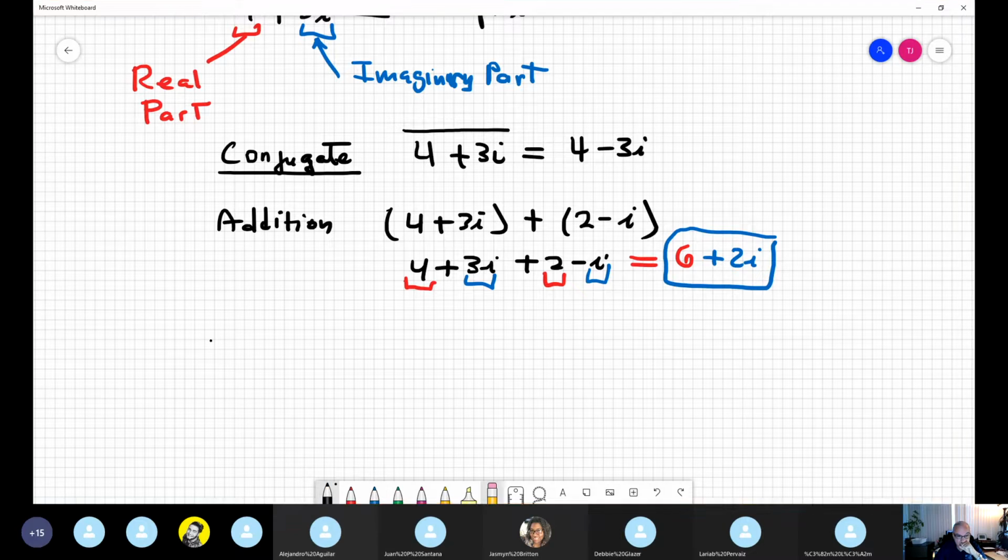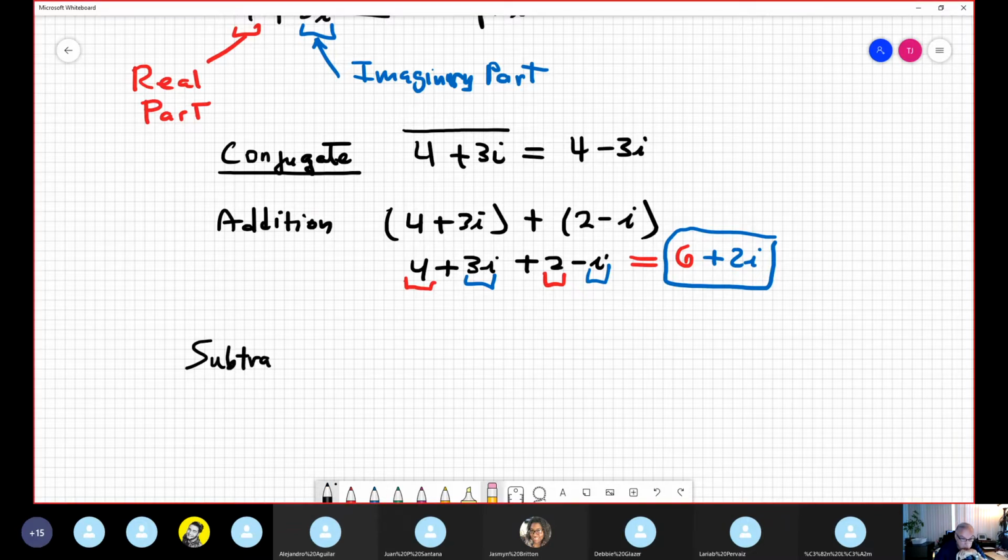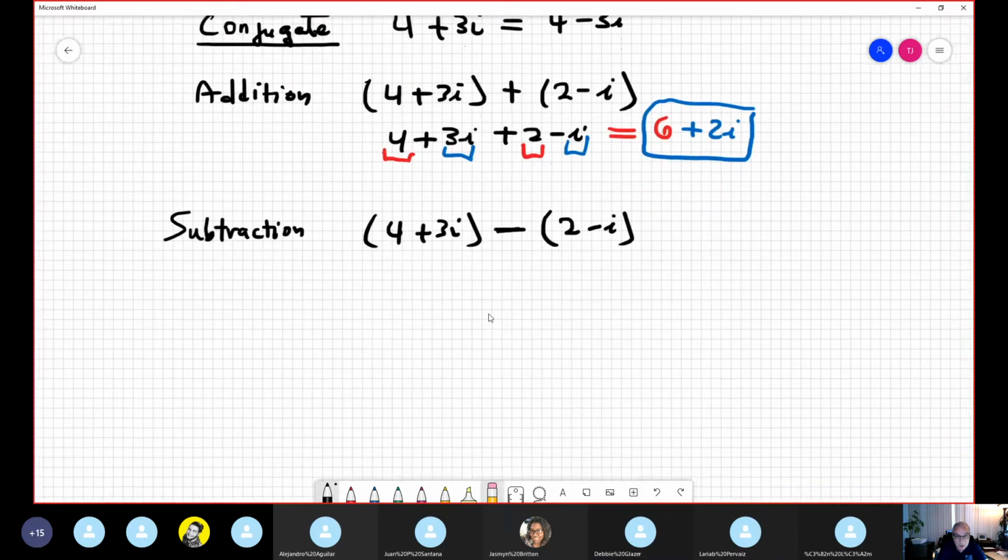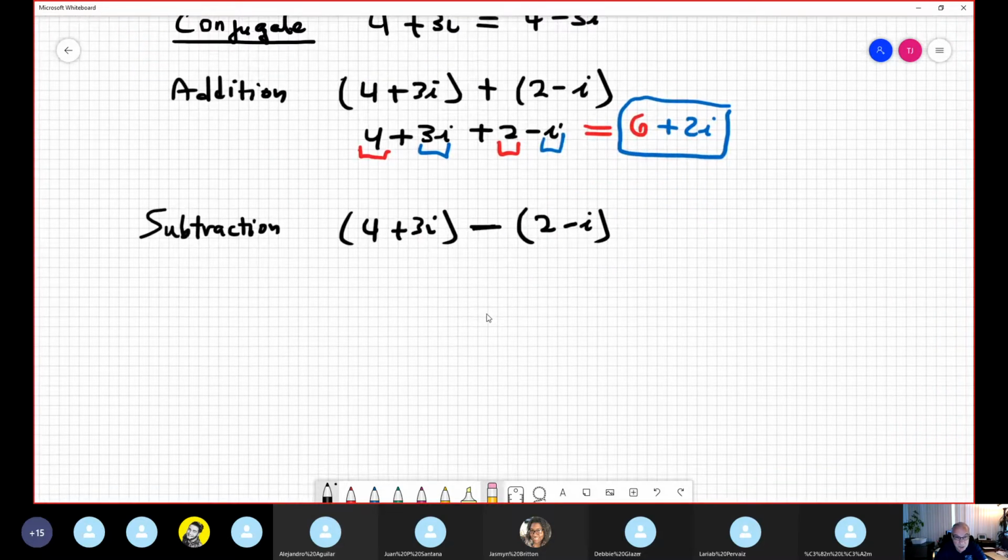And subtraction is similar, but a little bit different. Suppose again the same number, 4 plus 3i, to illustrate the same idea, but now with subtraction. Well, you remove the parentheses again, but be careful with the subtrahend part, because the subtrahend part changes sign completely. When you remove the parentheses, the minuend part stays the same.